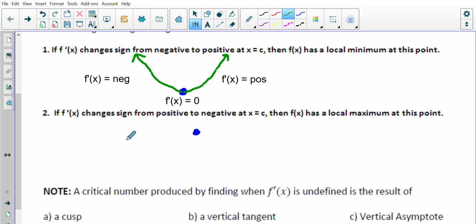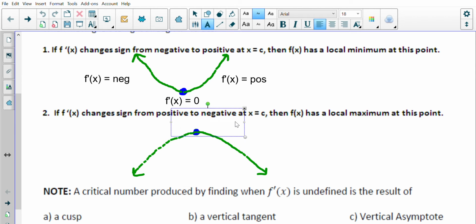So again, your derivative is positive, which means your function is increasing. Then it switches to negative at that blue dot, which is c, and so your function is now decreasing. And so that is why we would have a max at that spot.